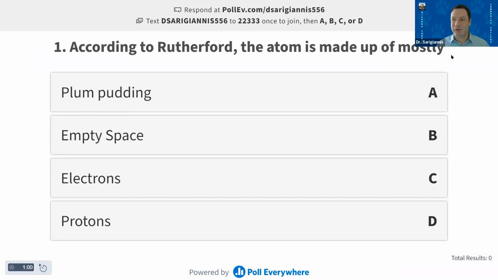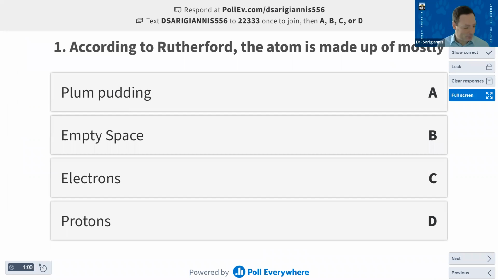I don't know what's going on here. I'm going to try texting in and see if it works. I have to turn my phone on. I don't know why the timer isn't working, but we'll do about a minute here. According to Rutherford, the atom is made up of mostly what? I might have to restart my browser. That's what happened last time.